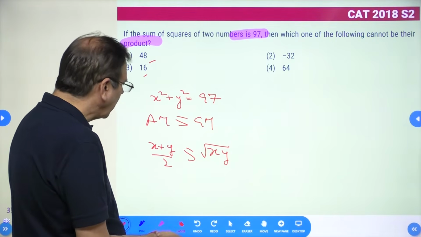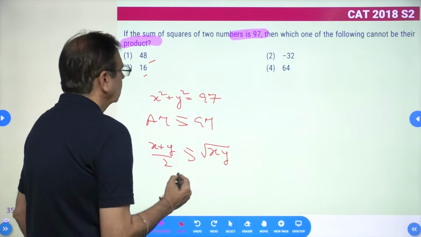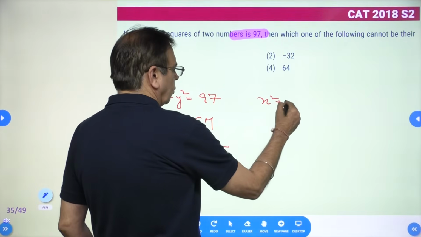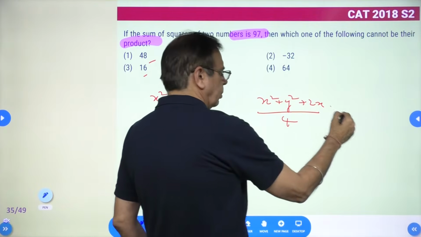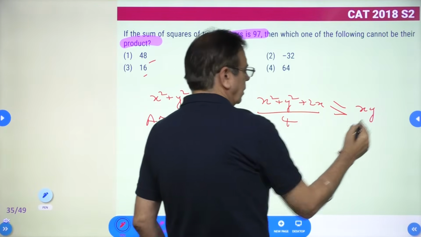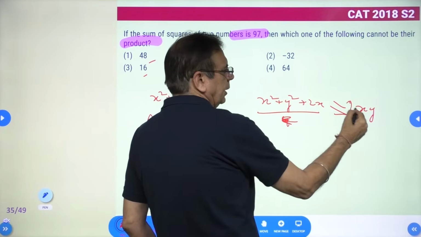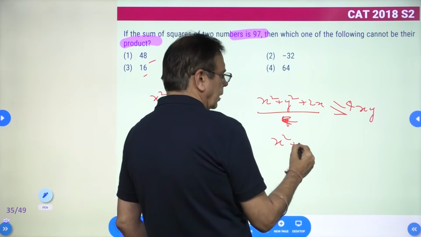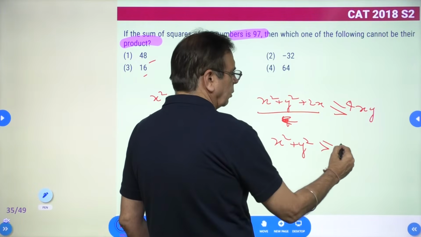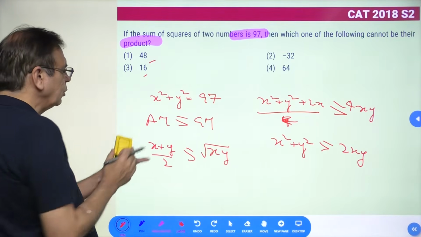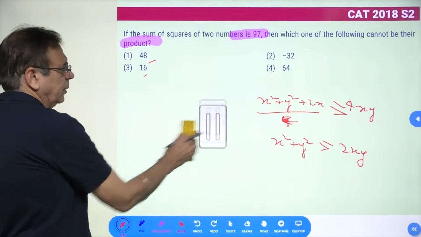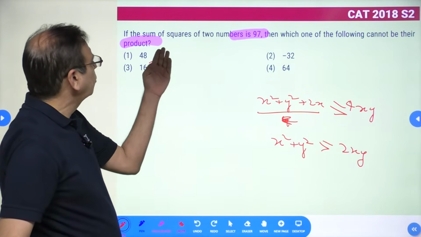So if we square both sides, what do we get? x square plus y square plus 2xy upon 4 should be greater than or equal to xy. Take this 4 to the other side. So I can say x square plus y square should be greater than or equal to 2xy. Okay. We have just used this arithmetic mean greater than or equal to geometric mean.